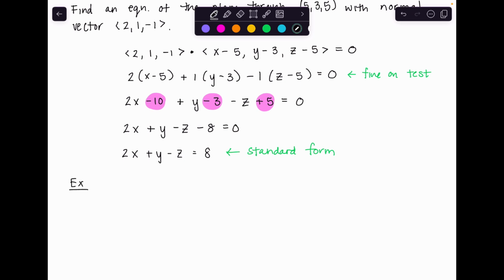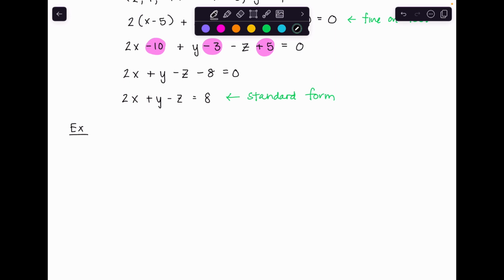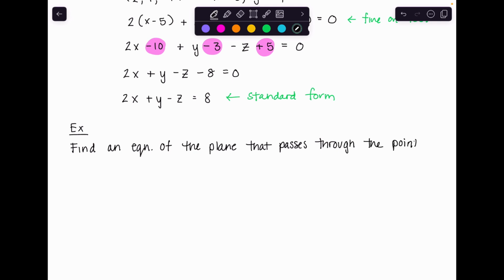All right, so for our last example on planes, we're going to find an equation of the plane that passes through the points P, which has coordinates 0, 1, 1, Q, which has coordinates 1, 0, 1, and R, which is 1, 1, 0.